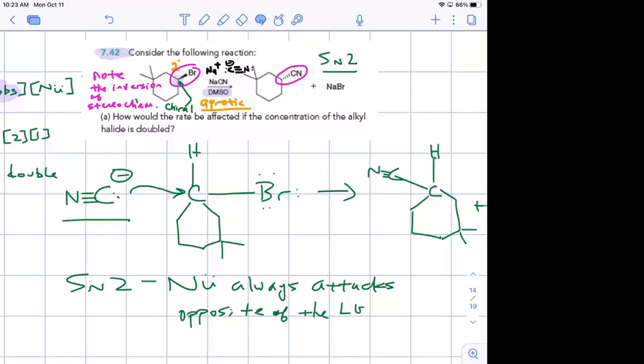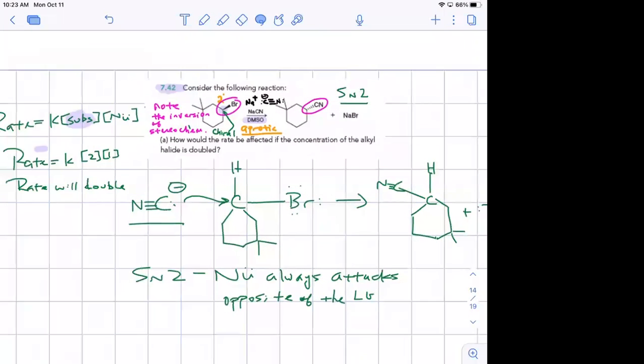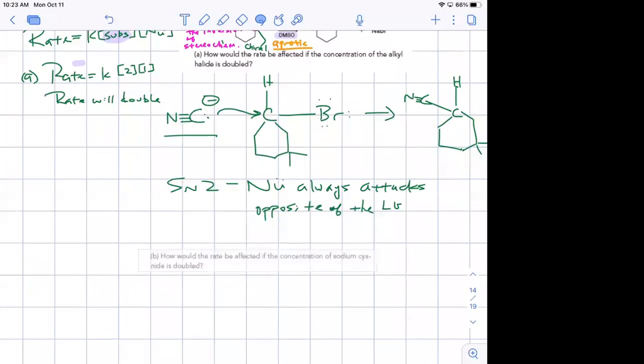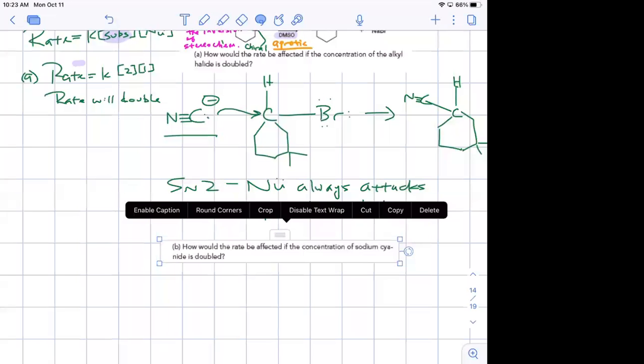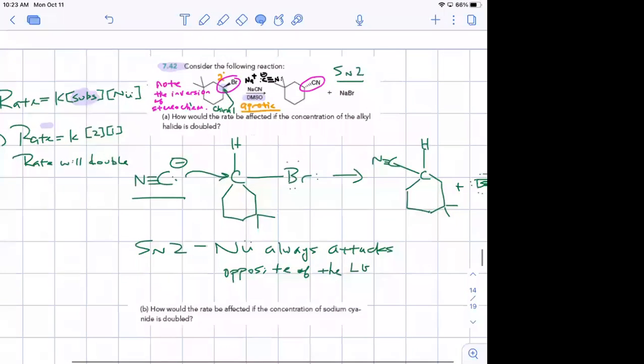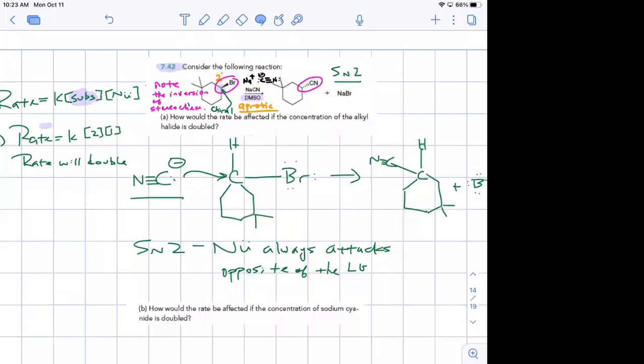But the nucleophile coming in from the opposite side of where your leaving group is, that's always the case. But every substrate is not going to be chiral, right? So you're not always going to see the inversion because the chirality may not be displayed. But in this case, since we see it, then we have to take that into account.